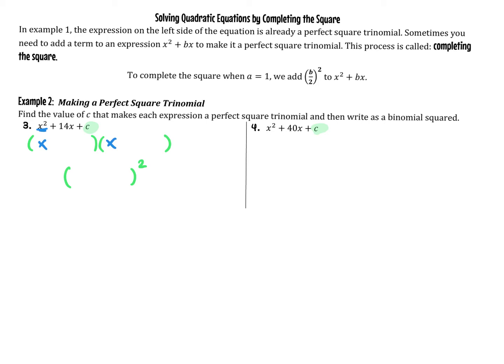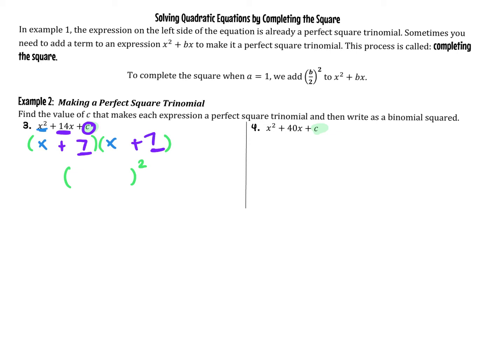And I know that these two numbers are going to multiply to be c, but I also need them to add to be negative 14. So how is that going to work? If I want these two sets of parentheses to be identical, but I want 14 to be what I get when I add them, that's going to mean that I need x plus 7, because 7 plus 7 is 14.